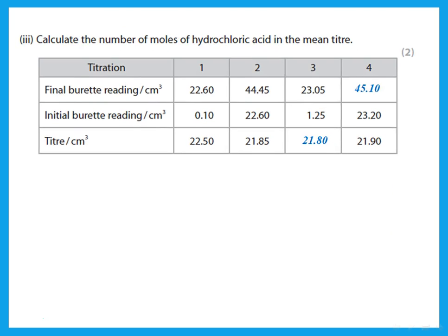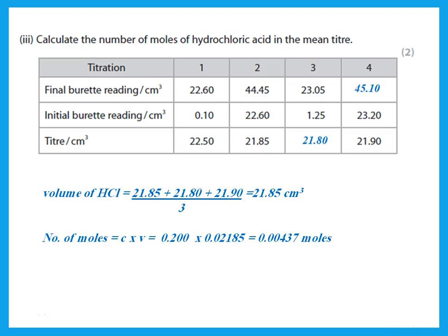Then he says, calculate the number of moles of hydrochloric acid in the mean titer. That means I need to get the average of the concordant results. So I'm getting the average of those that are within 0.2 of each other. That means that the volume of the HCl would be the average of experiment 2, 3, and 4. That gives me a certain volume of HCl.